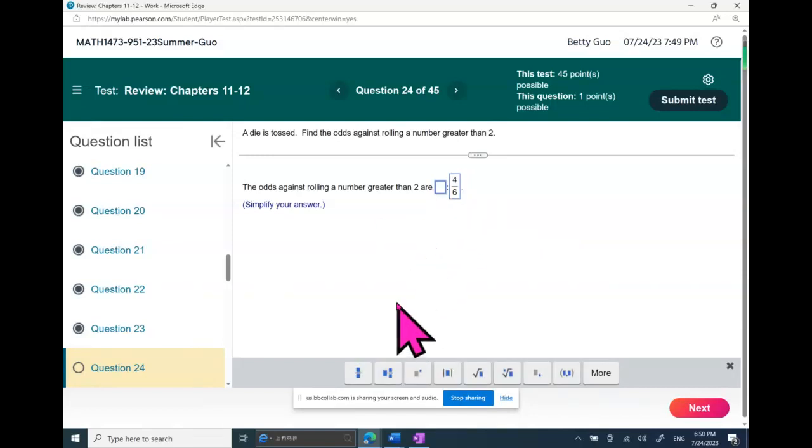And the first cell is the probability of the complement, not getting a number greater than 2, so 2 over 6. And then we are going to simplify. Please simplify your answer. And we should have 1 to 2.